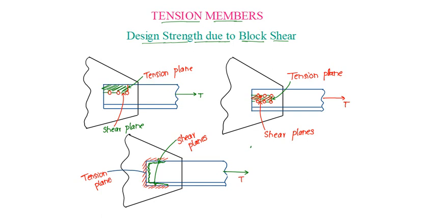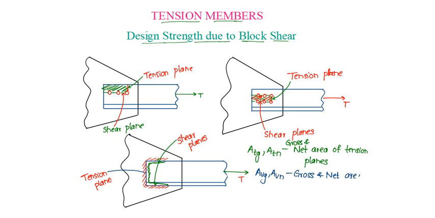The terms ATG and ATN are gross and net area of tension planes, whereas AVG and AVN are gross and net areas of shear planes.